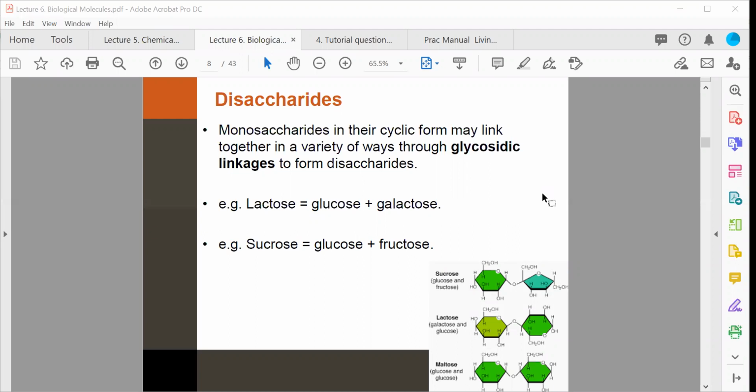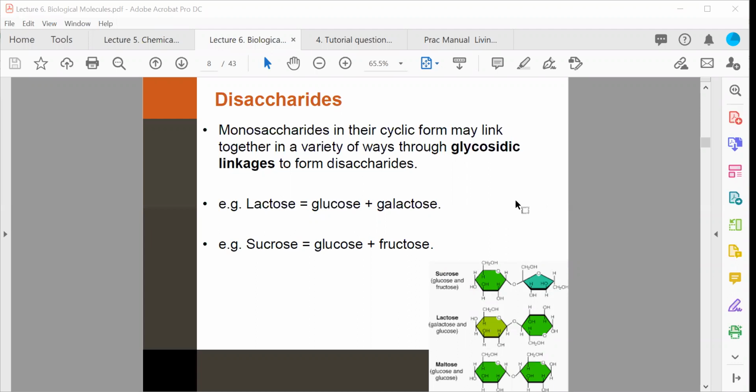Monosaccharides may link together in a variety of different ways, and that bond that joins them together is called a glycosidic linkage. When two monosaccharides link together via a glycosidic linkage, they form disaccharides.